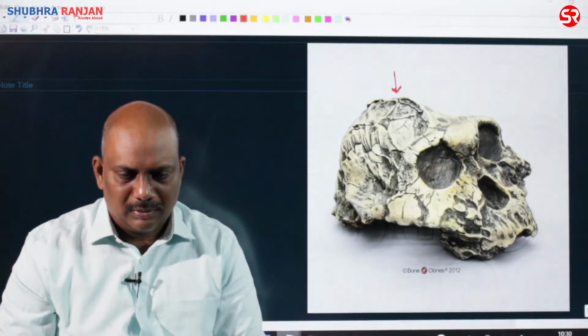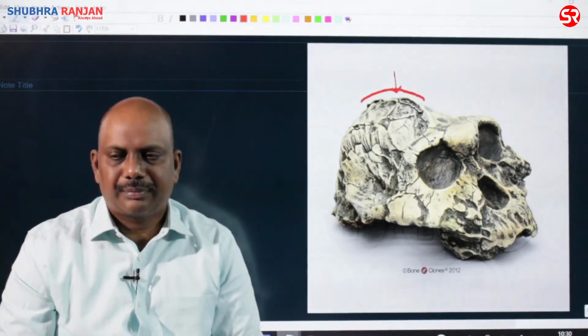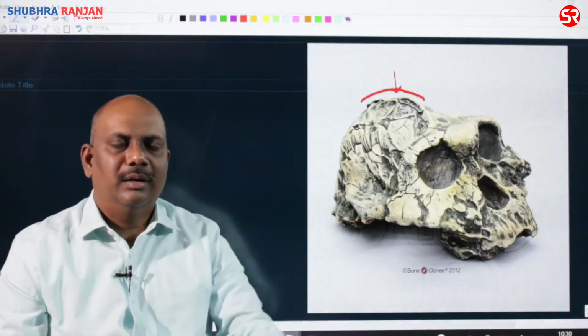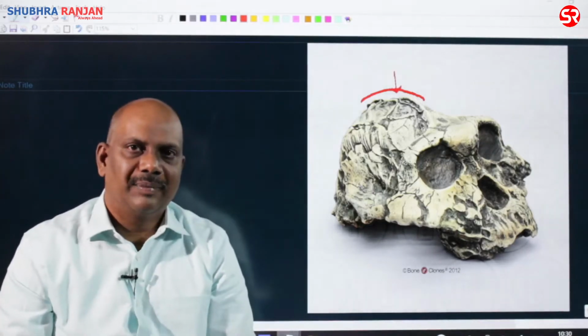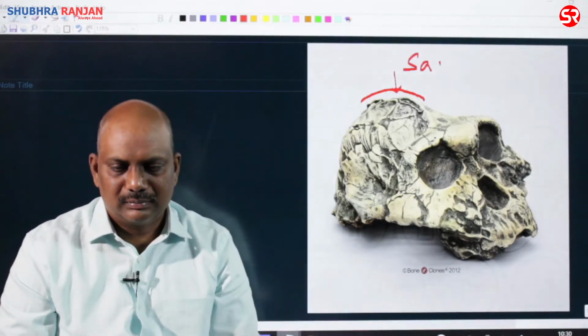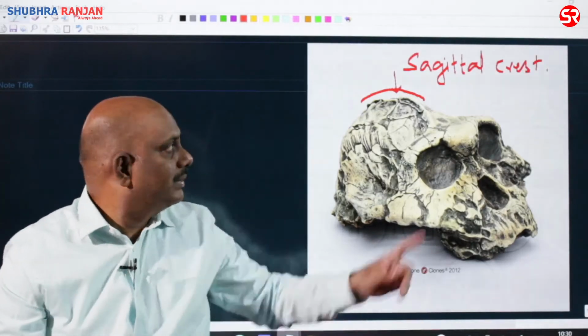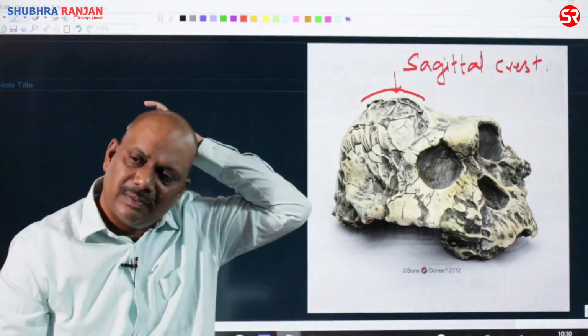This particular bone, you can see, right? This ridge-like bone on the top of the head is called the sagittal crest.